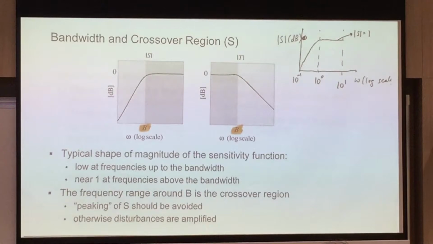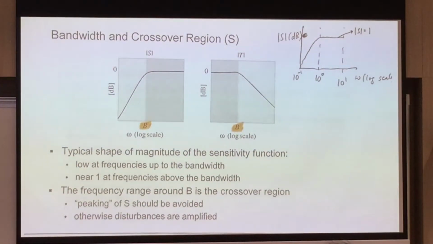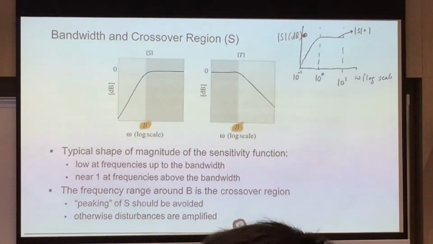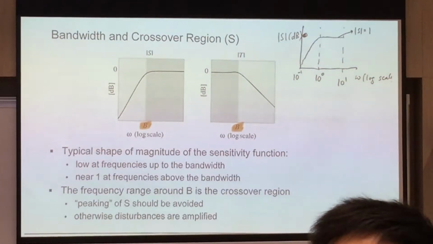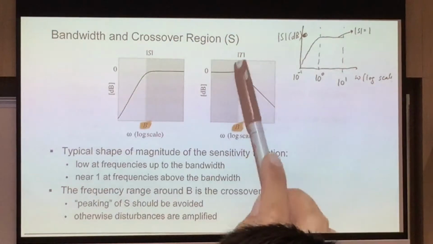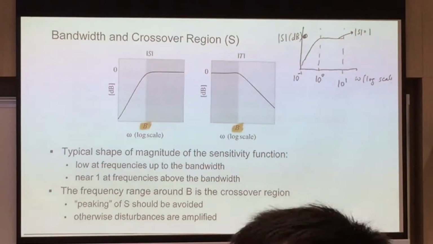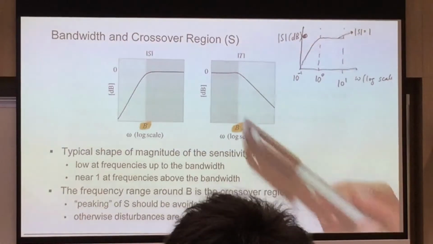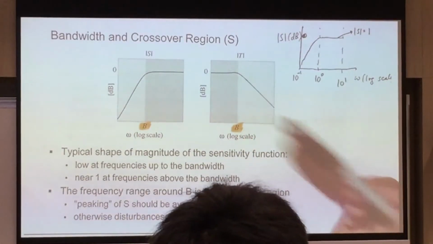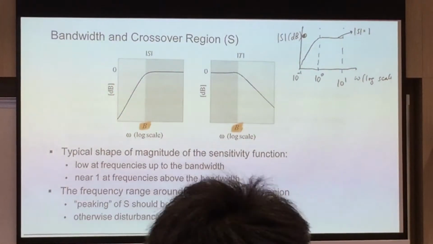Okay, so I need to deal with the measurement noise as a separate case with other measurement sensors. Okay, and what about the region around the bandwidth B? We did discuss that this frequency region around bandwidth B is the so-called crossover region, remember from our stability criteria.